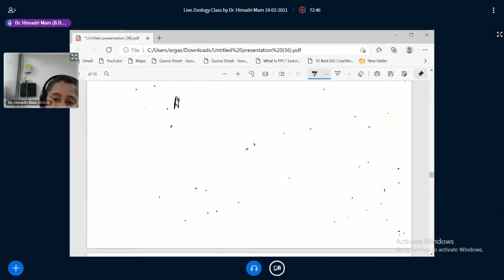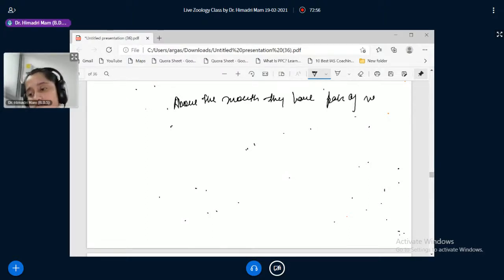Above the mouth, they have a pair of nostrils. Right. Now they have a membranous tympanum, which receives signals.